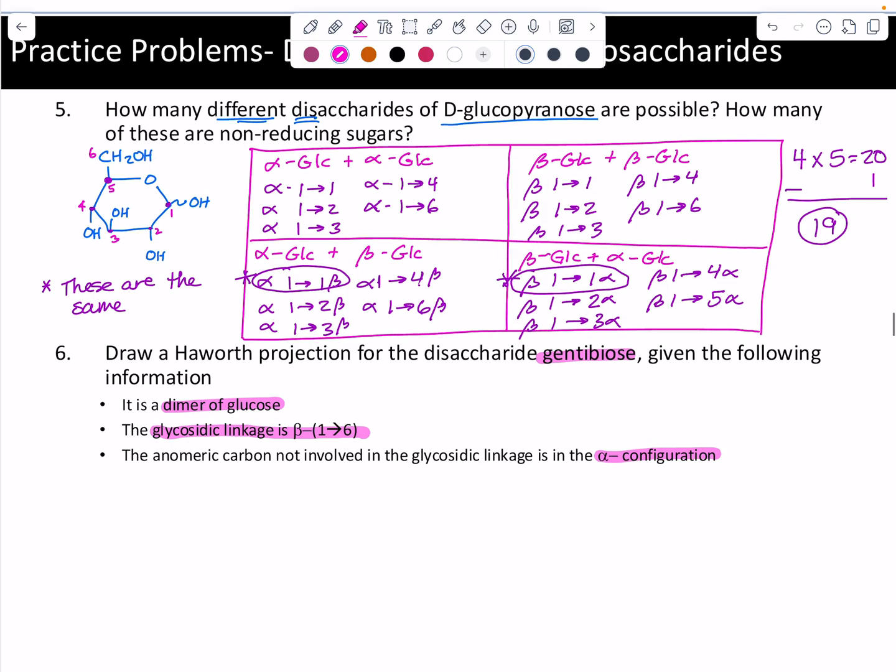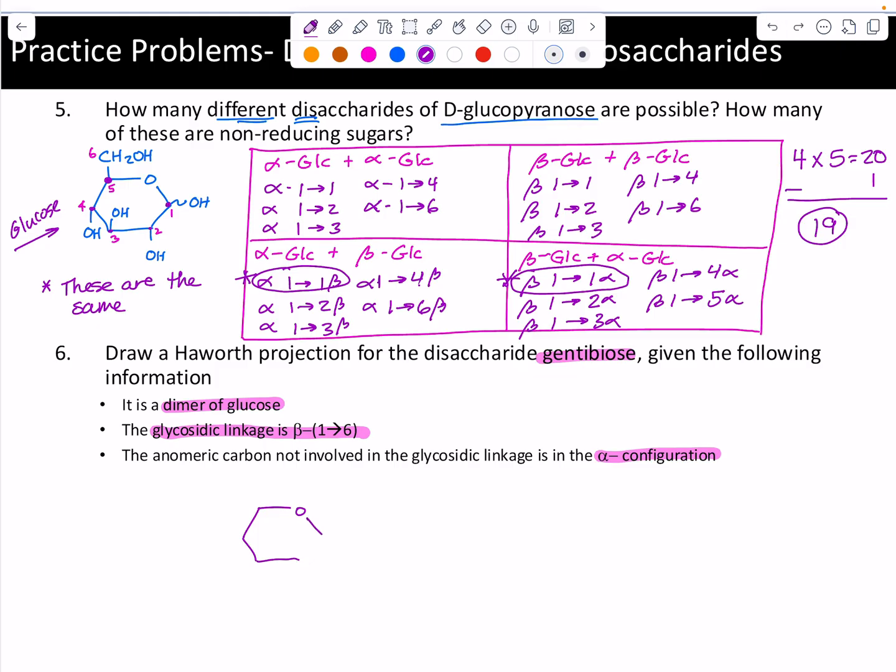So we'll start by drawing glucose, and I already have glucose up here, so I'm going to start by copying that. On the exam or the final, your reference sheet will have the structure of glucose.